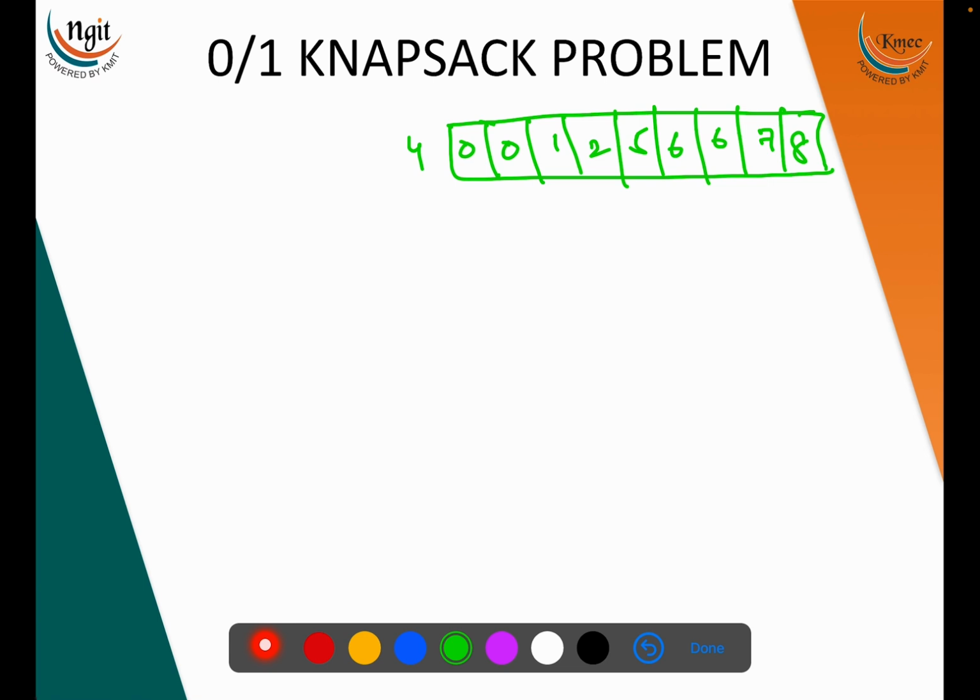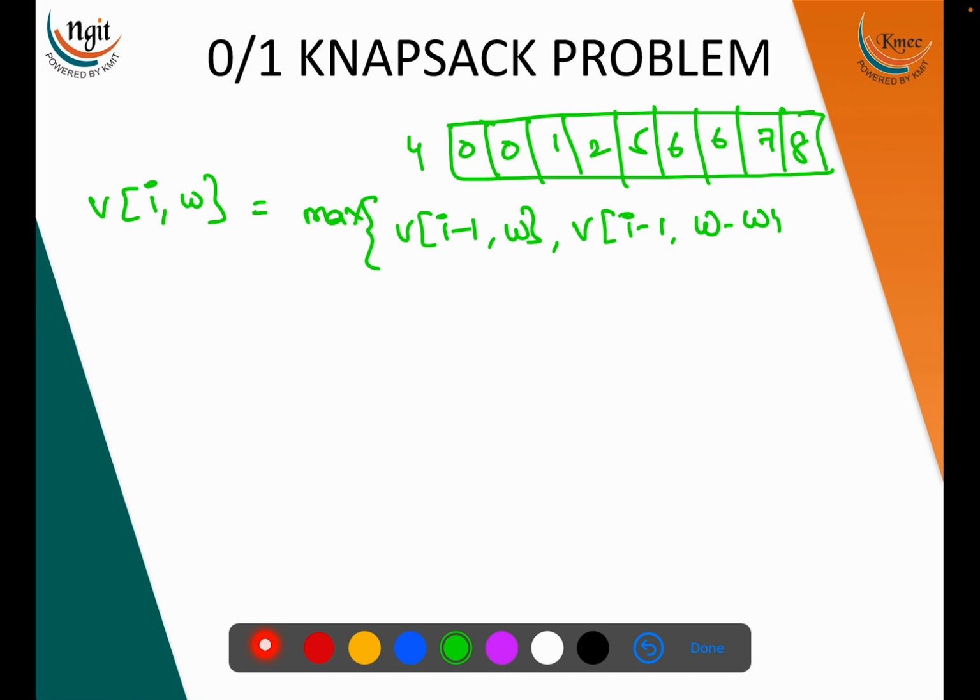Now apply the formula to check the same. Now the formula is V of i comma w is equal to max of V of i minus 1 comma w, comma V of i minus 1 comma w minus wi plus p of i. This is the formula.